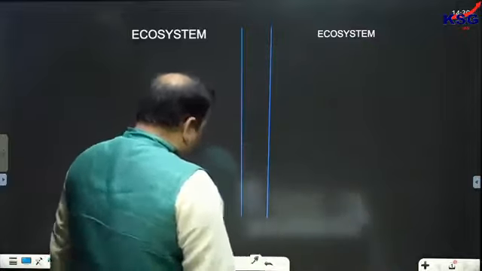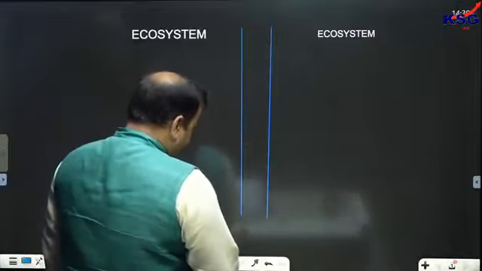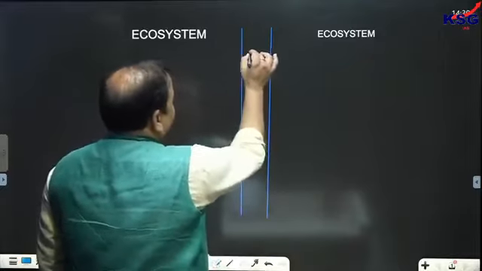So we can see the demarcation zone between two ecosystems. This is the demarcation zone.